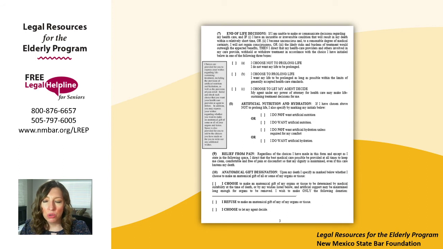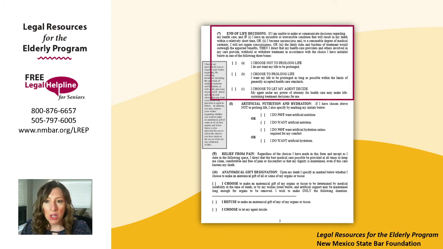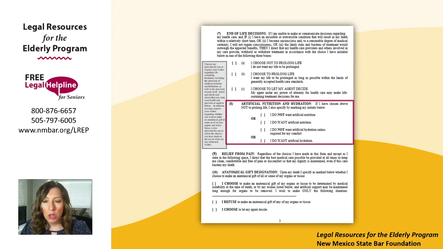Moving on to page 3, this is where you start to address some of those instructions for your healthcare decisions. You'll see here at the top, there are instructions regarding your end-of-life decisions. Below are instructions about how to prolong your life if you so choose in regards to artificial nutrition and hydration.